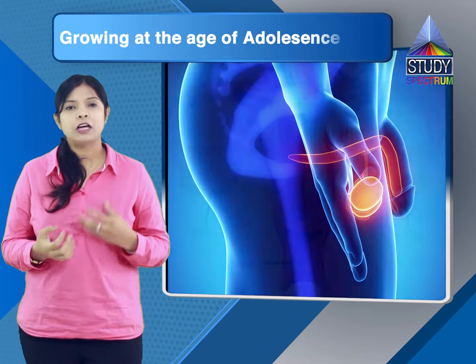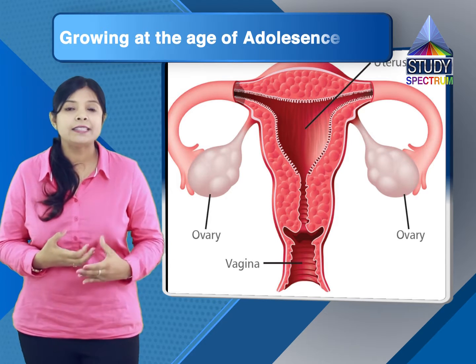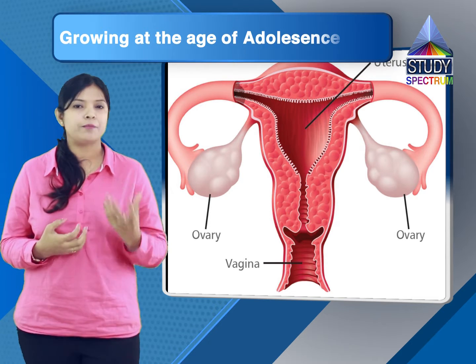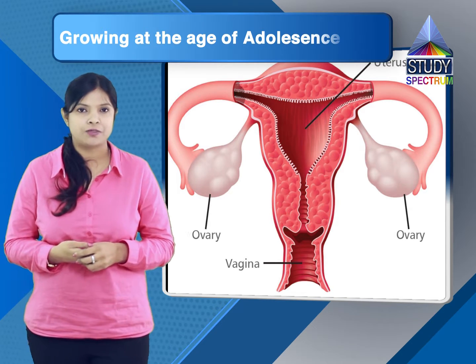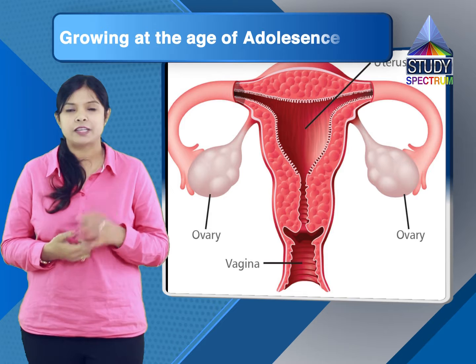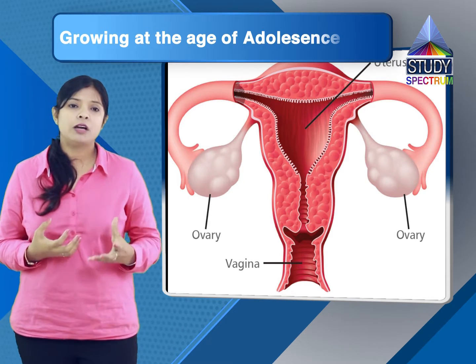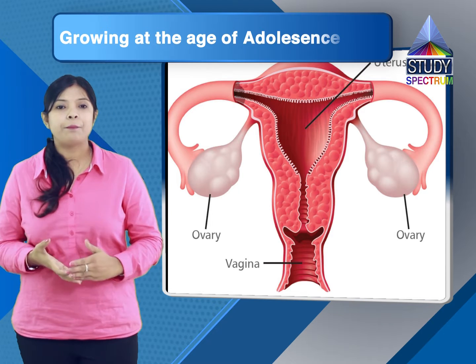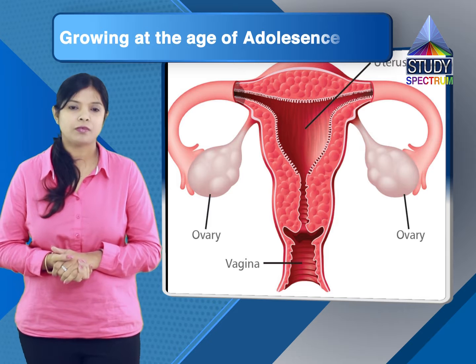And in females, the ovaries, these are the female reproductive organs. They release the hormones estrogen and progesterone, which are responsible for the development of secondary sexual characteristics in females. So it was all about the hormones that play a very important role in our body.